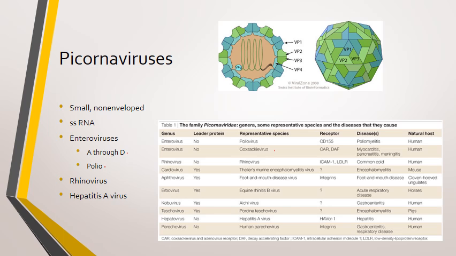Okay, and this differs from other picornaviruses in that the other picornaviruses have tropisms, with the exception of polio, mostly to mucosal or endothelial or epithelial layers. Hepatitis A obviously has a tropism towards the hepatocytes.